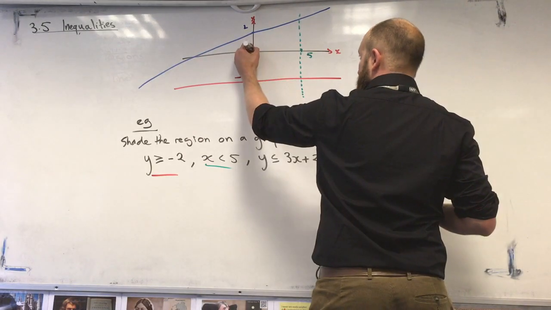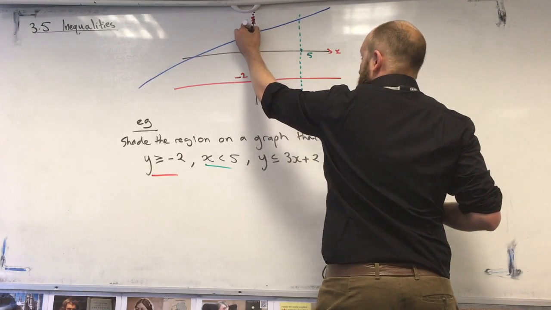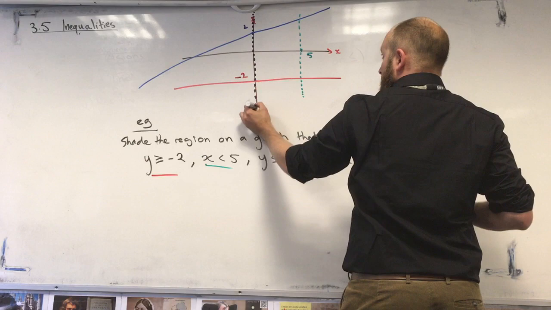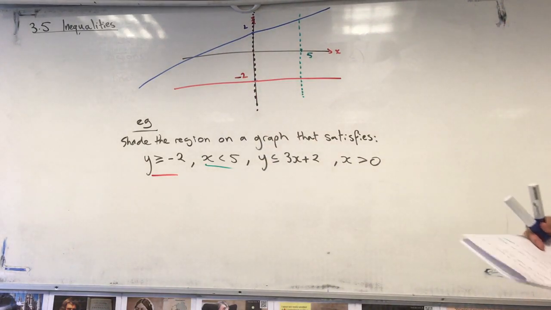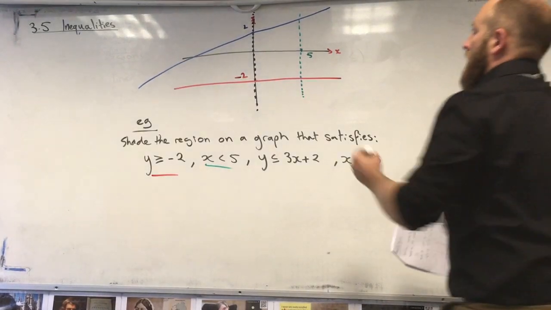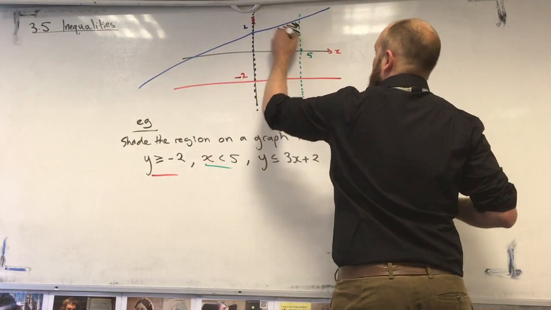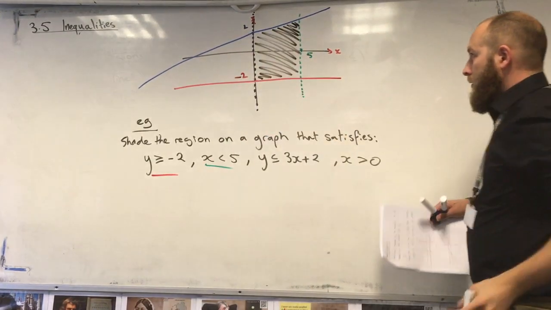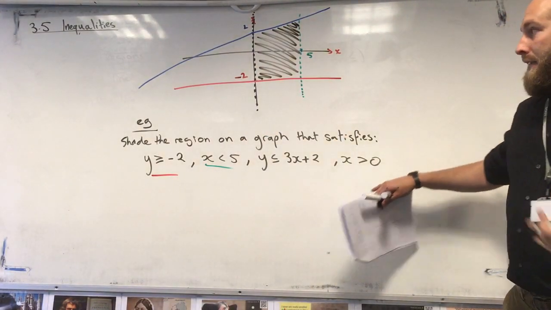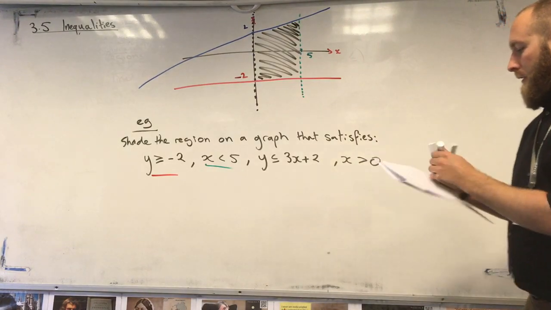So find 0 on the x-axis, greater than, so again it's going to be a dotted line, so we need to shade in this region here. So the region that encompasses all of that is the region in the middle here, bound by 2 solid lines and 2 dotted lines based on our inequalities.